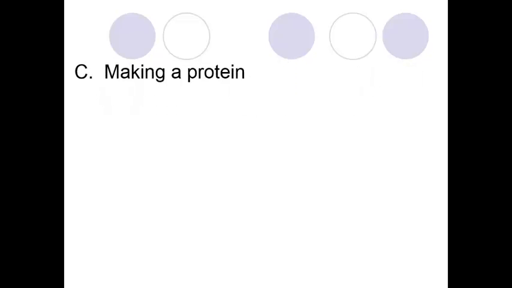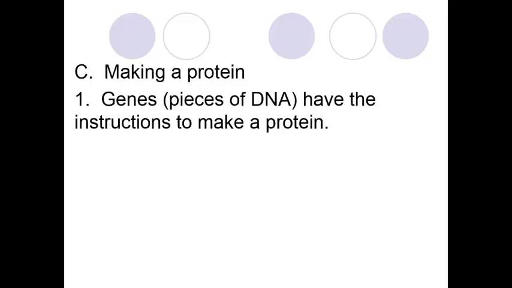Now, when we make a protein, there's a few processes that we're going to look at. First of all, those genes that we mentioned, those pieces of DNA, do have all the instructions that we need to make a protein. And we know that there's a gene for hair color, and we have different alleles that are part of that gene. So your DNA might code for brown hair or blonde or red, whereas mine codes for brown.